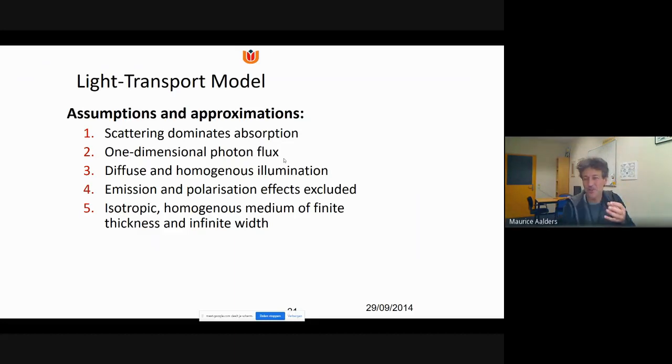If there's too much absorption, your field will never progress enough to get diffused, to lose the sense of direction. As I said, it's infinitely wide, the whole thing, so it's a one-dimensional photon flux going that way or that way. There's diffuse illumination, no polarization effects, an isotropic homogeneous medium of finite thickness and infinite width.